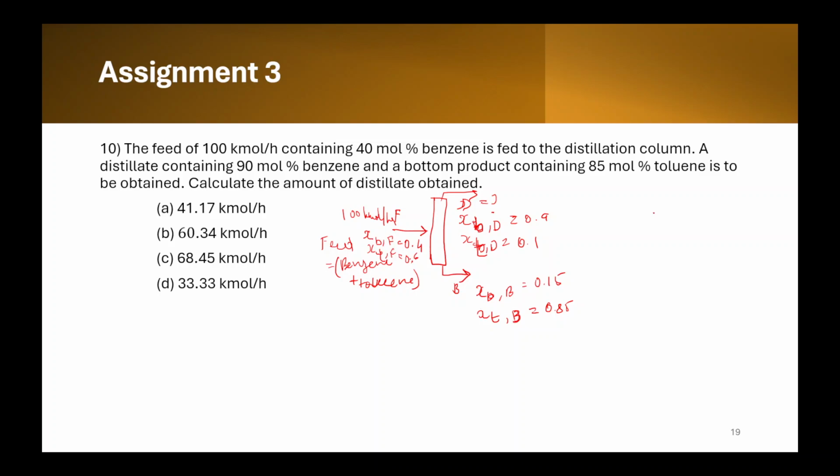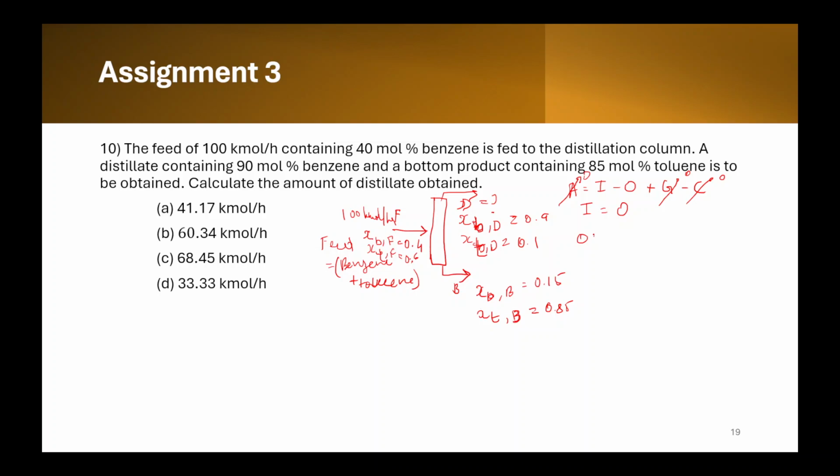So we will write the overall material balance. Firstly, I'll write the general material balance equation, just to make you understand. This is a steady state operation. It is not mentioned anywhere that it is unsteady, so accumulation will be 0. Distillation is a unit operation, no chemical change takes place. It is a physical change, the separation of two liquids. So generation will be zero, consumption will be zero. Again, we get input is equal to output.